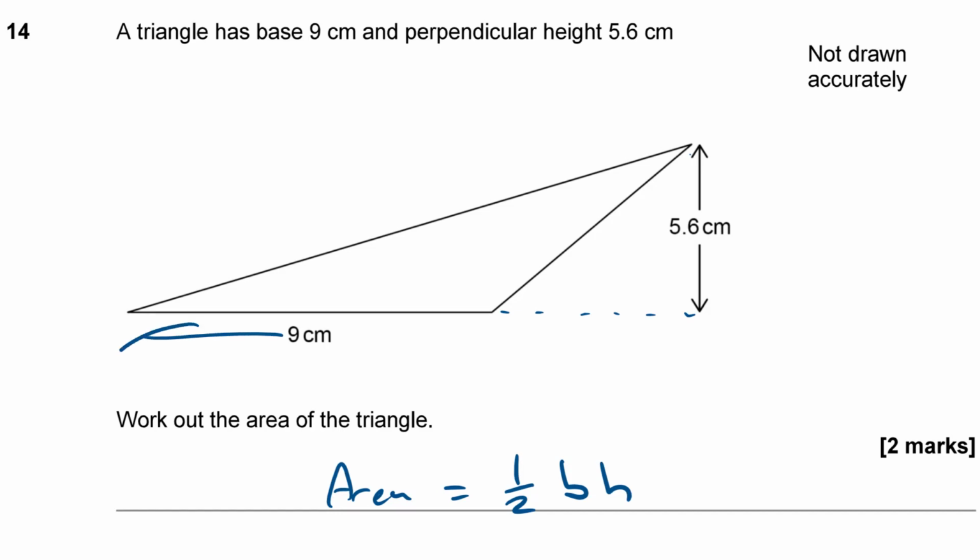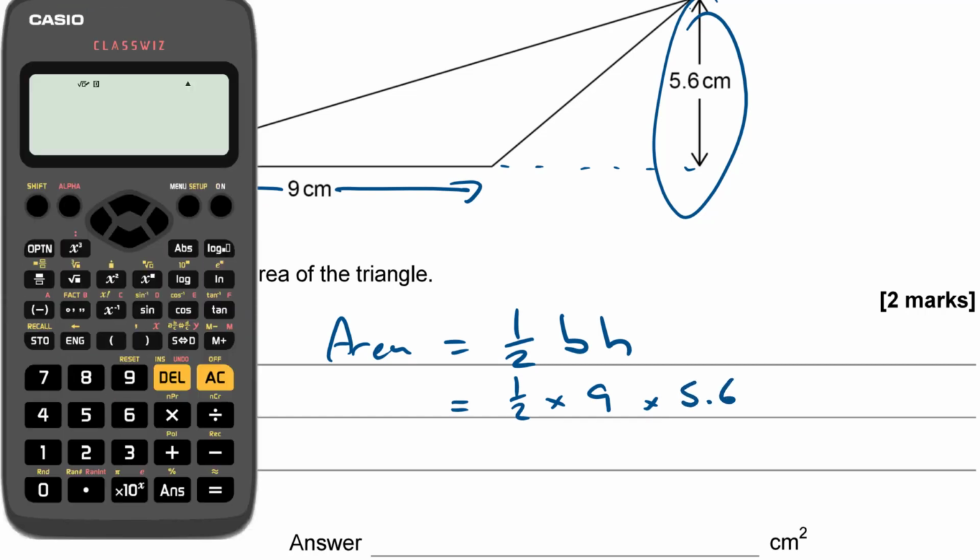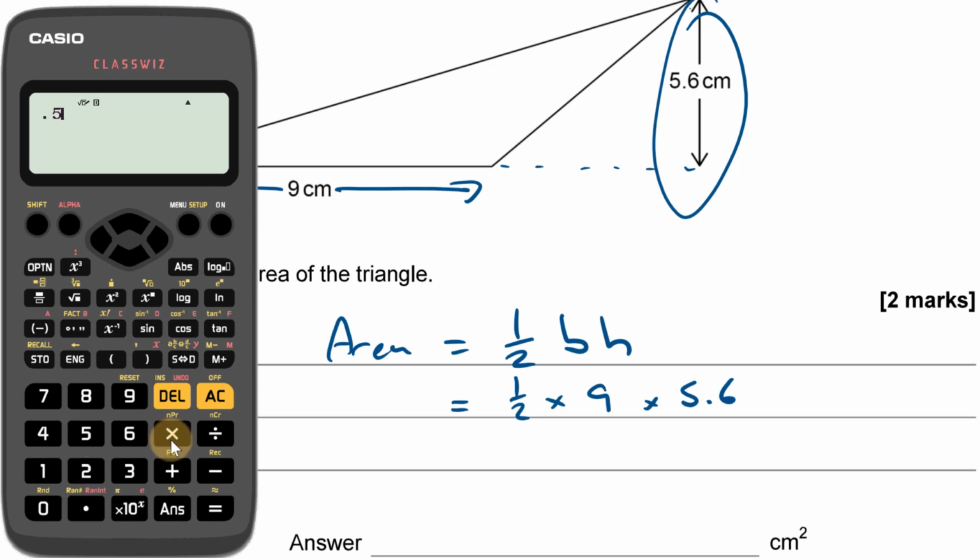We still just use that baseline and that height to work out our area. So it's just going to be a half times our base, which is 9, times our height, which is 5.6. What's that? Reach for the calculator. 0.5 times 9 times 5.6. That comes out to be 25.2. Okay, that's my answer, 25.2.